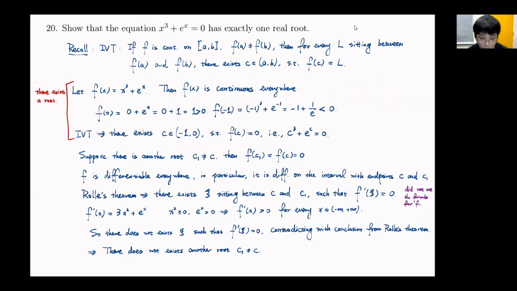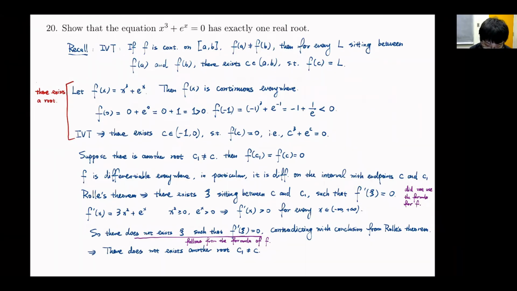A few remarks over here. First, we are using Rolle's theorem to conclude that the derivative has to take 0 somewhere, and here we did not use the formula for f. And over here, the non-existence of this zero point of the derivative follows from the formula of f.